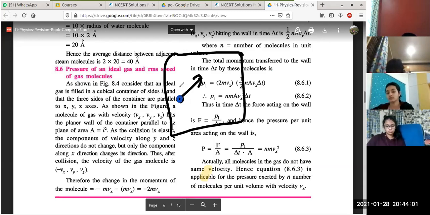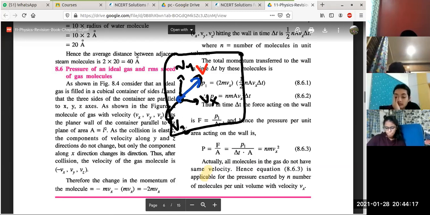It is totally random, so in any direction. If you say its total velocity is v, then vx, vy, and vz are the same. The components of velocity should be the same, right? Yeah, correct.